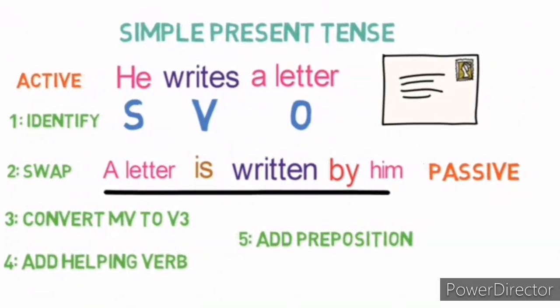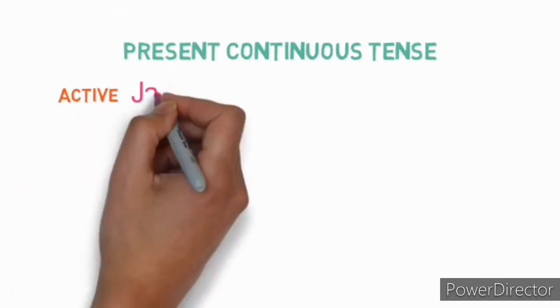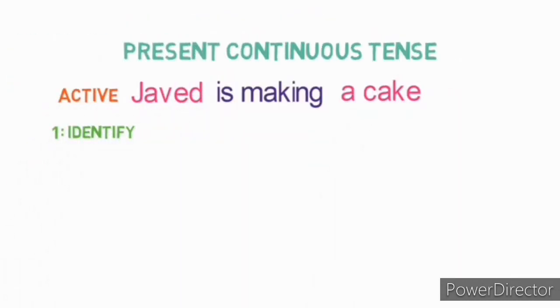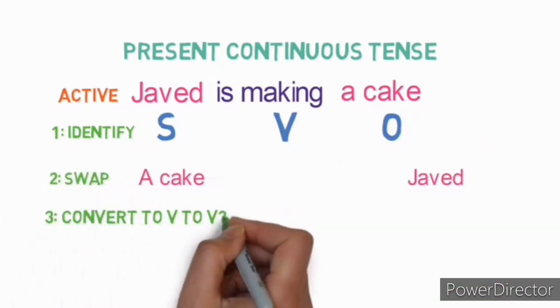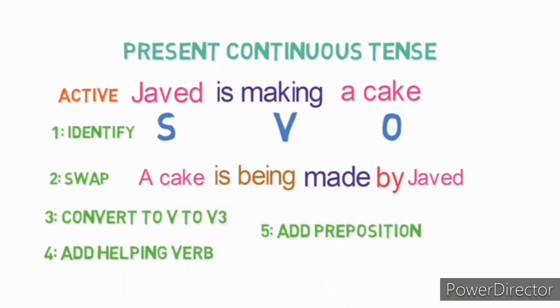Correct? Next example is in continuous form. Javed is making a cake. Follow the same steps. See the verb here, is making, ing, which comes under our third way. So you have to add being plus V3.